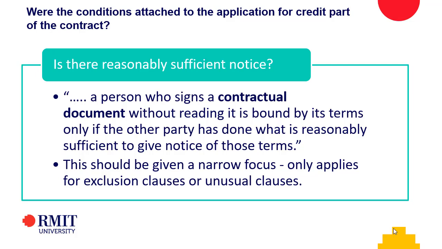But if we've got a ticket, for example, or terms and conditions for parking your car in a garage, or for collecting your dry cleaning, the law is pretty consistent. If it's not immediately clear that you're being bound by a contract, you need to give sufficient notice of onerous terms.